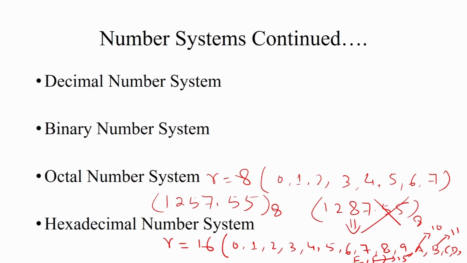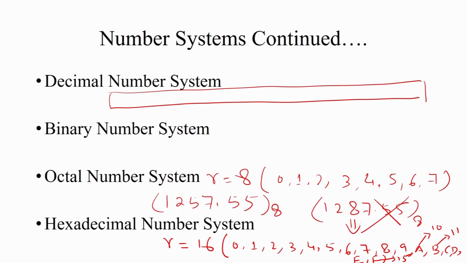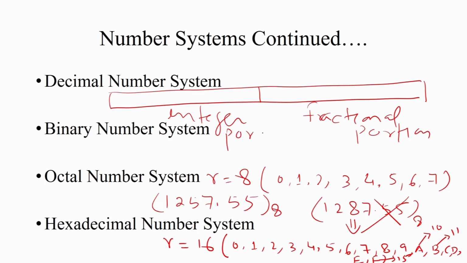So when we talk about any number system, in what form is the number represented? Any number system consists of two portions: the integer portion and the fractional portion of the number.